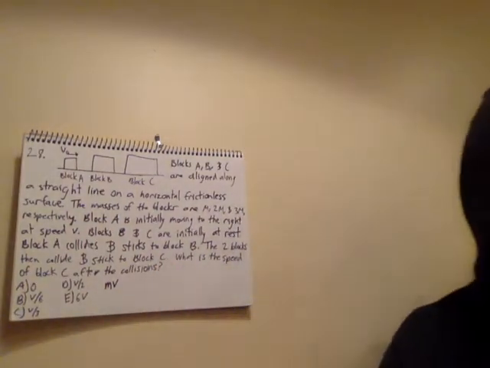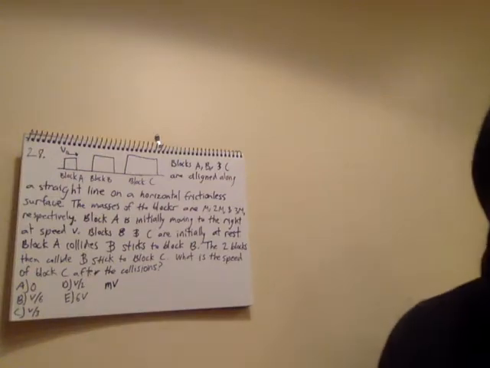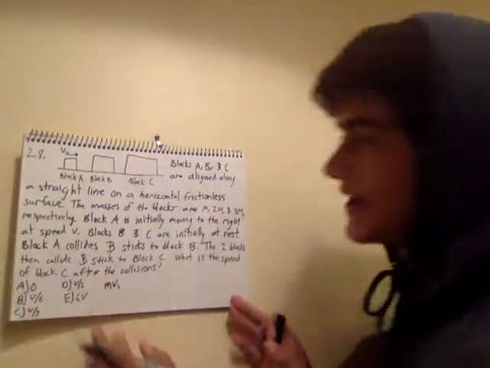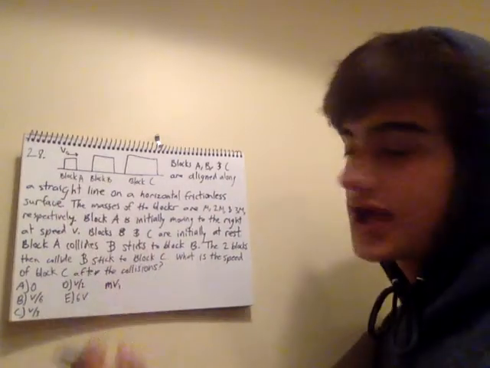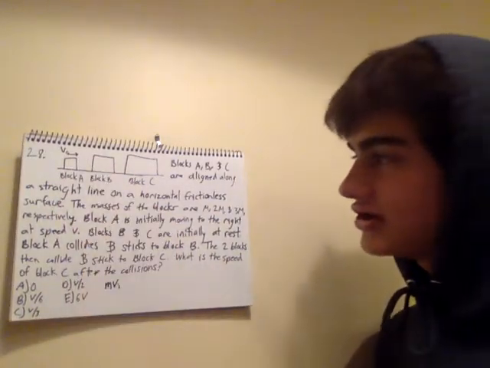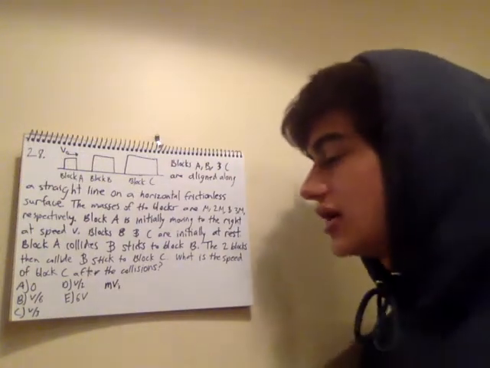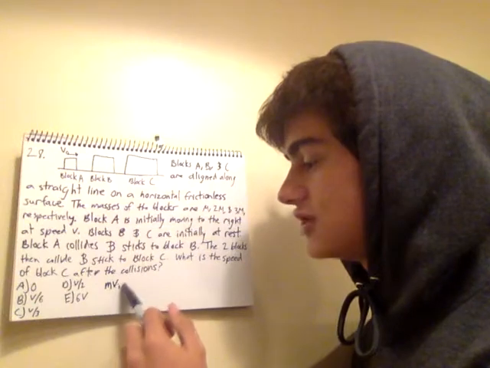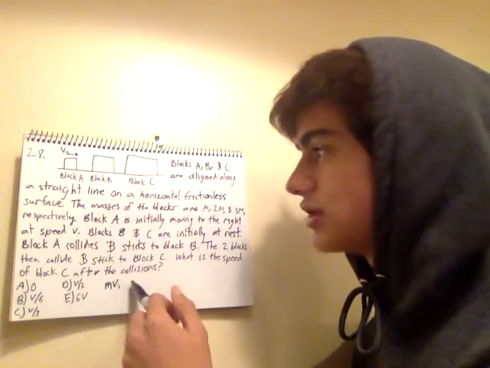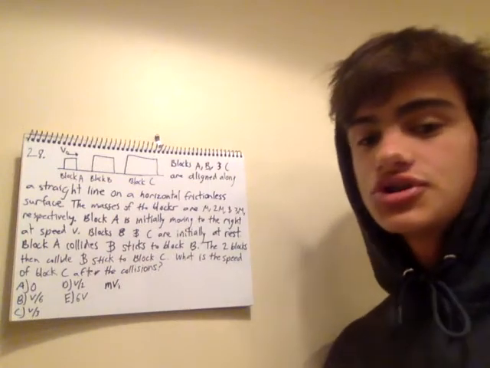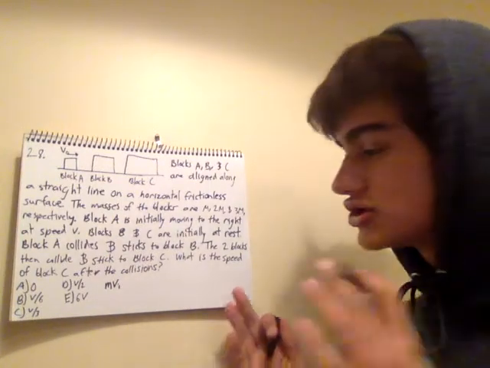That's going to be our starting momentum. And this really only pertains to block A, because the other blocks, I could write them out here, but since they have zero velocity, it's just going to cancel out. I can say mv initial for block A plus mv for block B plus mv for block C, but those are all zero. So we're just going to leave that out as long as you understand that we could write that in.